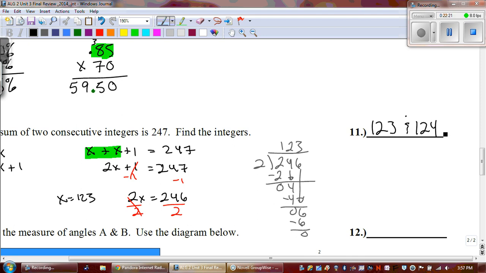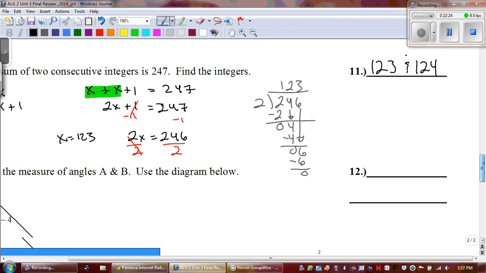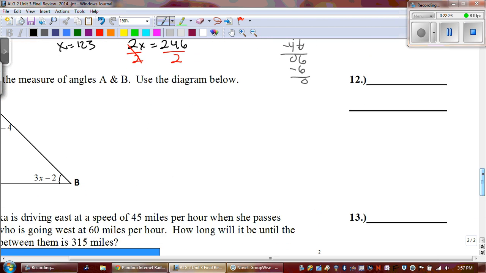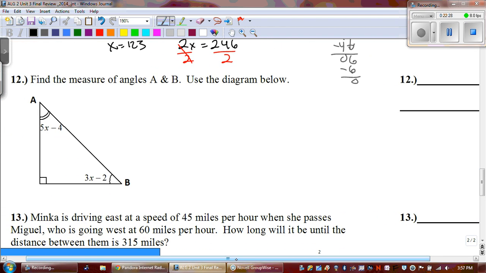All right, number 12 says to find the measure of angles A and B, use the diagram below. Now remember, we're talking about the angles of a triangle. All of the angles of a triangle equal 180 degrees.